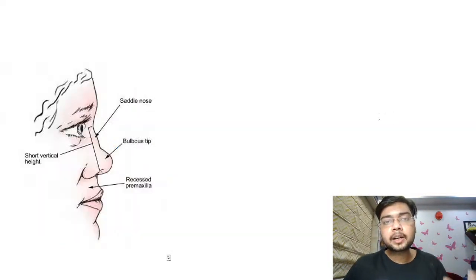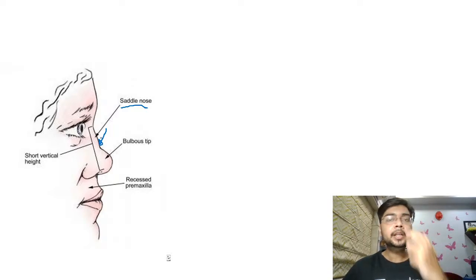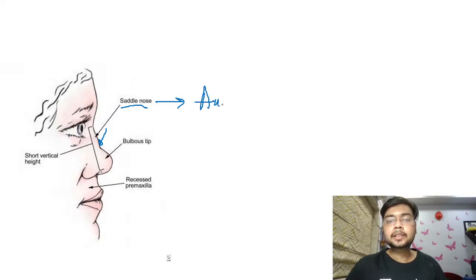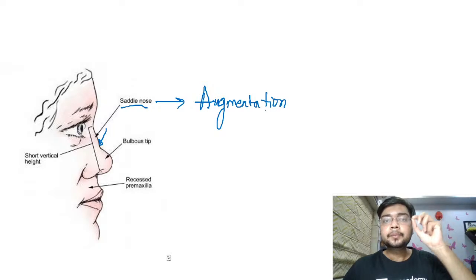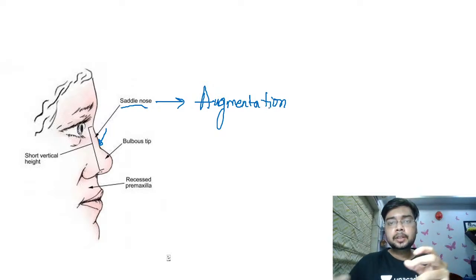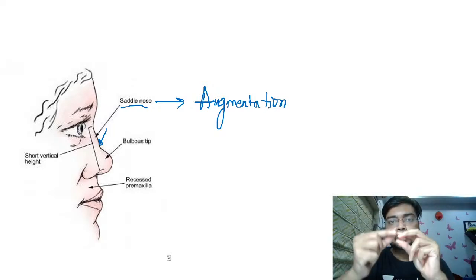There is another condition called saddle nose, where you will observe a dip in the dorsum of the nose, and for that condition we do another procedure that is again called rhinoplasty, but here what we are doing is augmenting the nose. We are putting some crushed cartilage enclosed in fascia.